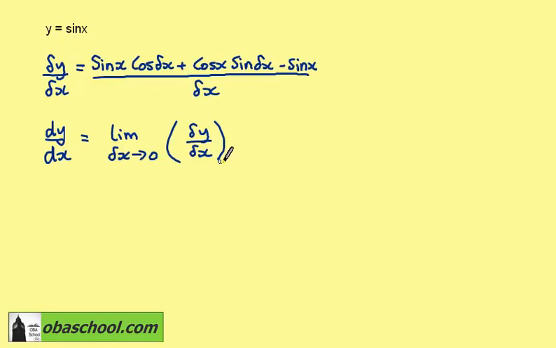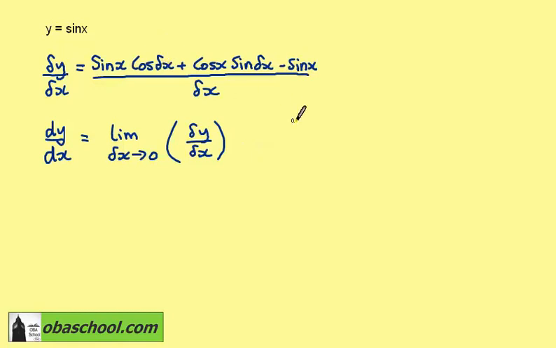As the 2 points get closer together, the gradient of the chord becomes a better approximation to the gradient of the tangent. Delta x tends to 0 means that we shrink the 2 points until they are virtually the same point. We're interested in what happens as delta x tends to 0.